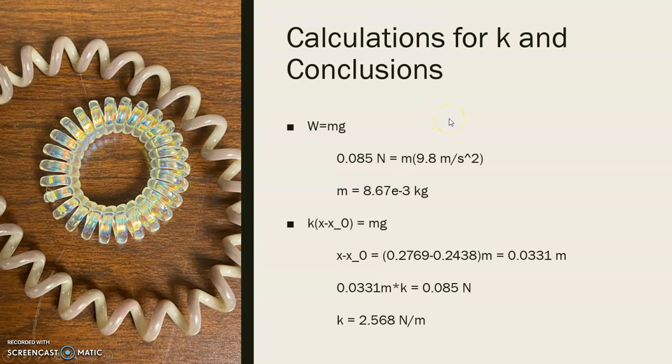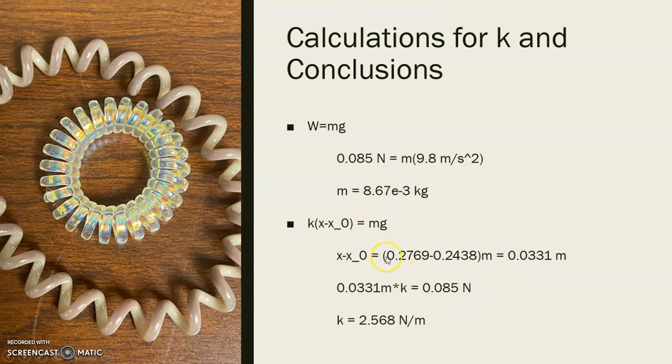So calculations for K and conclusions. So as we know, weight equals mass times the gravitational constant. This was unnecessary to calculate because you see the 0.085 newtons was used again right here because you had to go calculate it again.